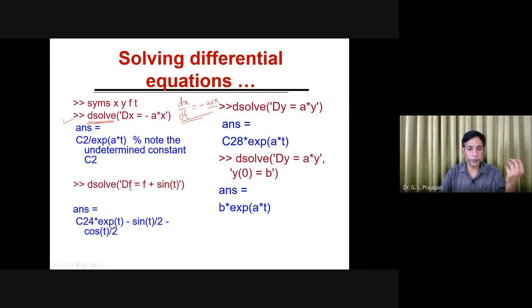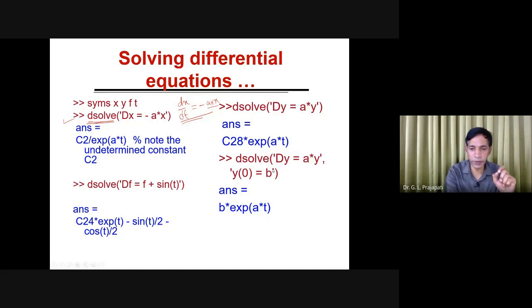Dsolve, Df is equal to f plus sine t. F is the symbolic variable. Then f plus sine t you have, and you are getting the answer. Dsolve Dy is equal to a into y. So this is the answer.